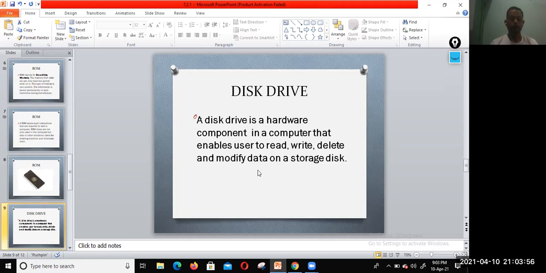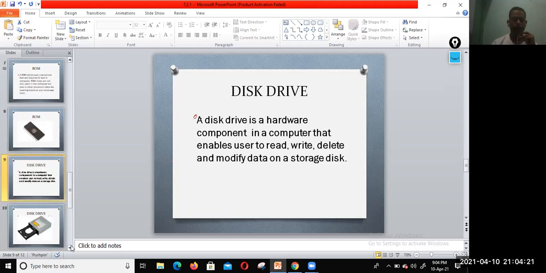There are several types of disk drives, such as CD drives and DVD drives. The most commonly used disk drive is the hard disk drive.